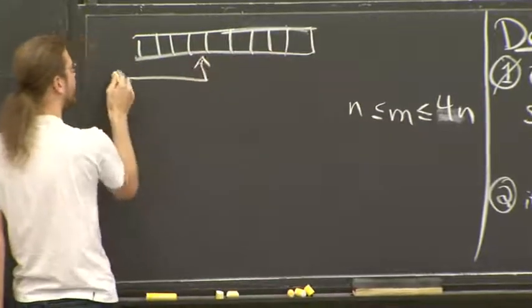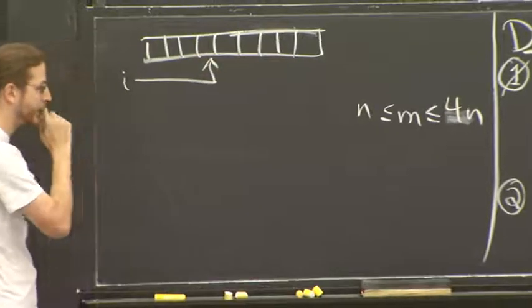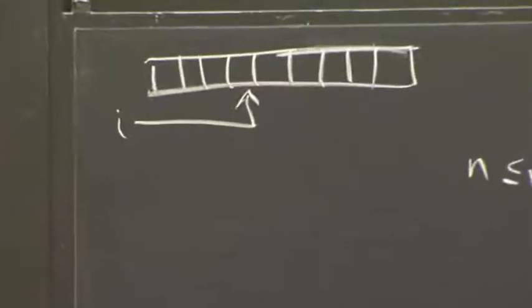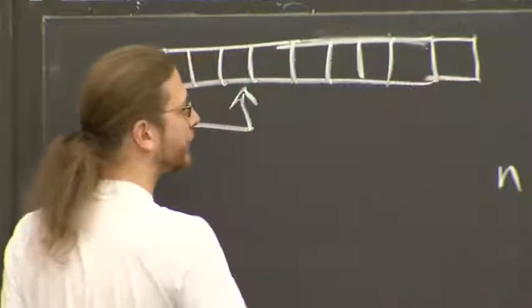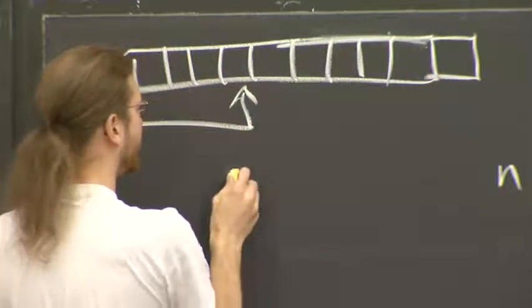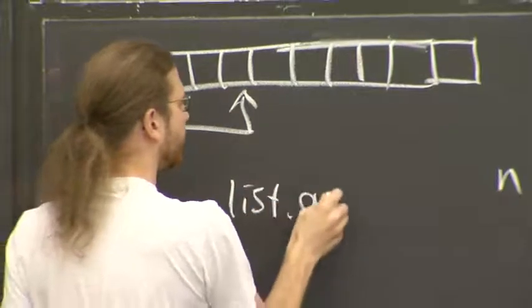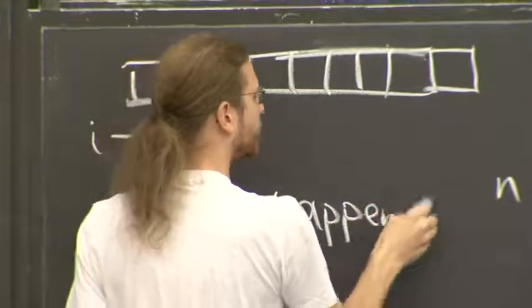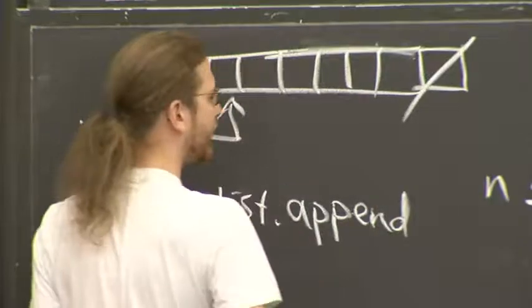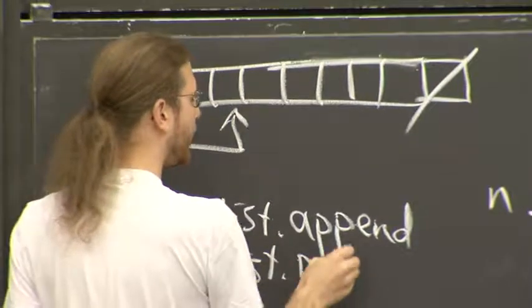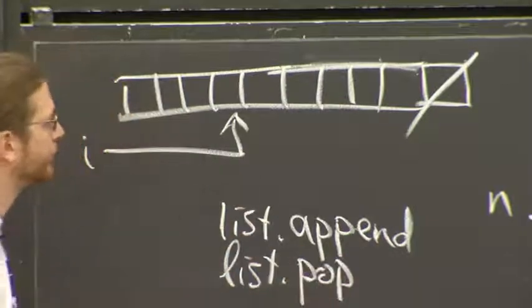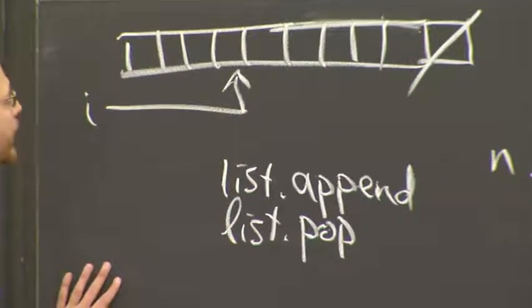We can go to the ith item in constant time and modify it or get the value. We can add a new item at the end in constant time. That's list.append. And we can delete the last item in constant time. One version is list.pop. It's also delete list square bracket -1.